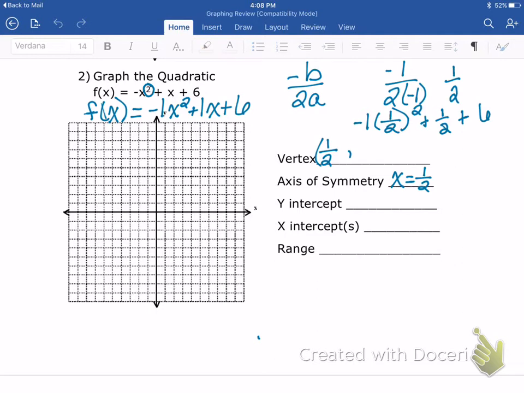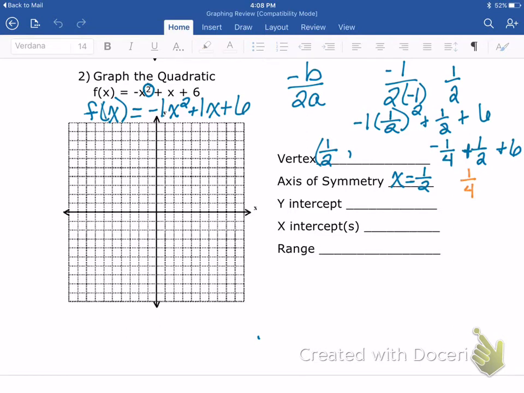So 1/2 squared is 1/4, and then we multiply that by negative 1. So we have negative 1/4 plus 1/2 plus 6. Hopefully you are able to identify that negative 1/4 plus positive 1/2 is a positive 1/4.